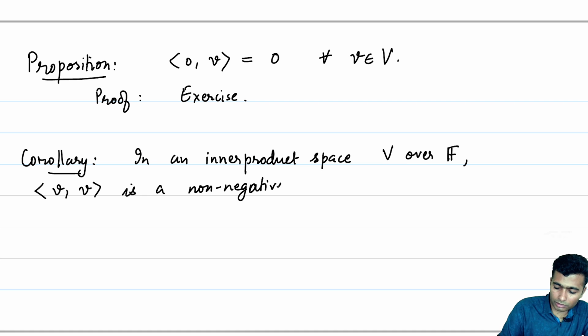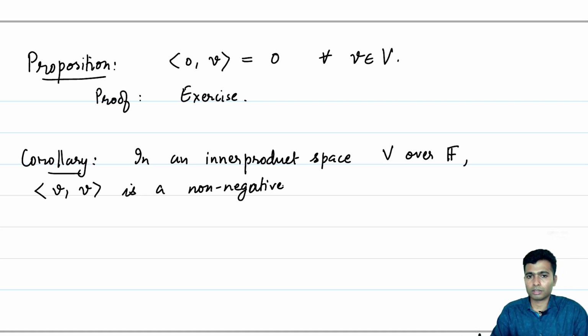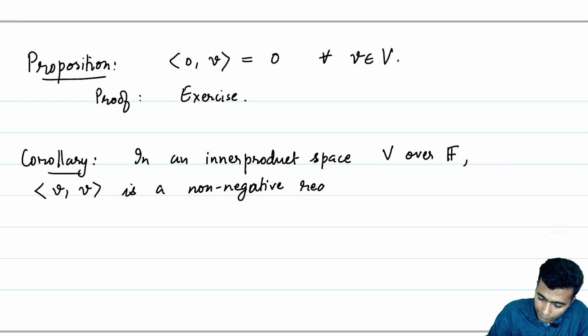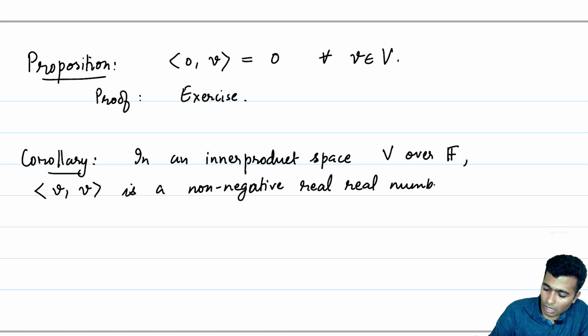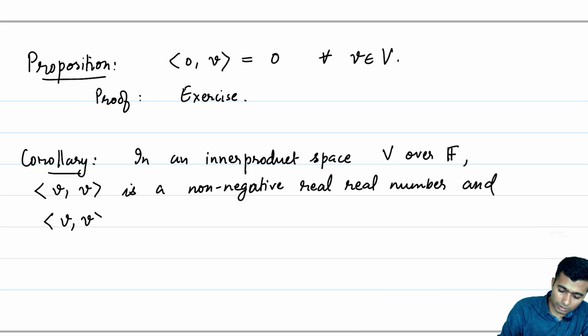If you notice, only for non-zero vectors had we demanded positivity, and we know that for the zero vector it is going to give you back the scalar 0. So in every case it will be a non-negative real number, and V comma V is equal to 0 if and only if V is equal to 0.